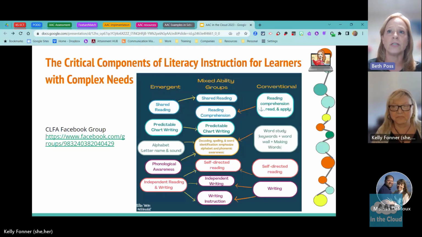That idea that some are emergent, some are conventional, and then those groups that are in between, that we're all working on all of these different things and that they are very related to each other. We're going to be talking in the next few slides about these different critical components of shared reading and predictable chart writing and phonics and alphabet and word study and phonological awareness, and then independent reading and independent writing. But this is a great graphic that really ties it all together. And you can participate in the discussions around this by joining that Comprehensive Literacy for All Facebook group.